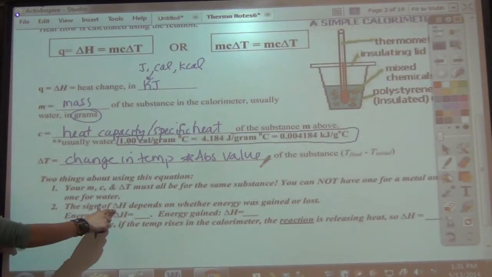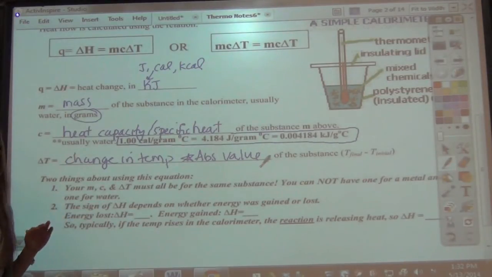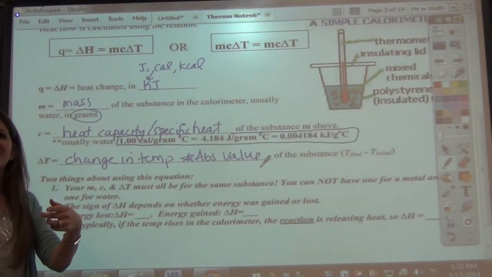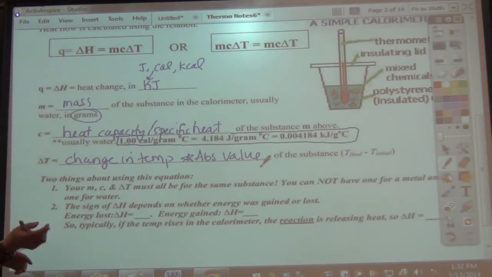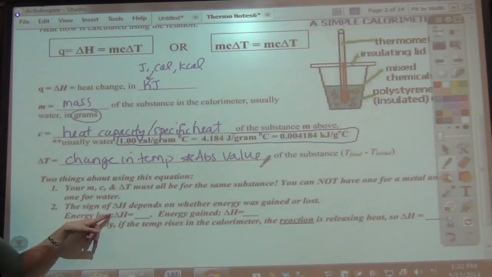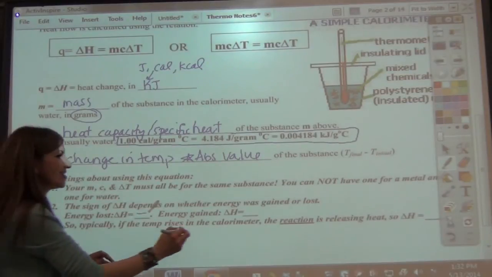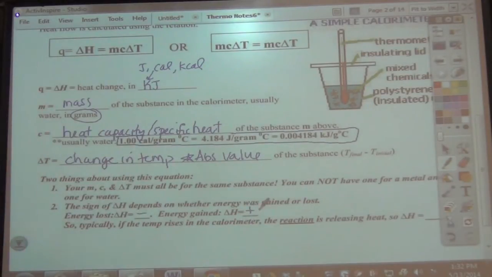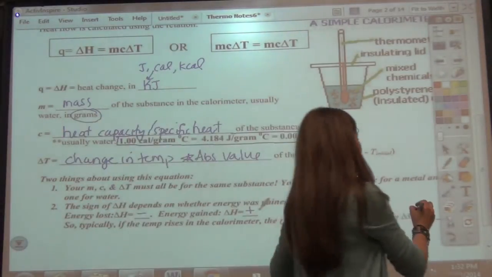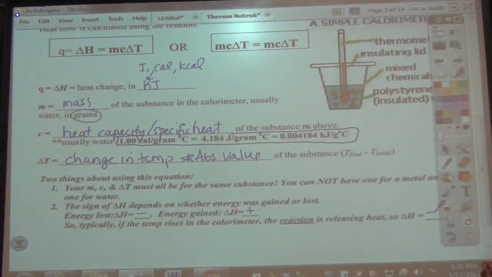Two, the sign of delta H depends on whether energy was gained or lost, and you're going to assign the sign, if necessary, yourself. If energy is lost, who remembers delta H is? Negative. If energy is gained, delta H is? Positive. Awesome. So typically, if your temperature goes up, then the reaction is releasing heat. So in that case, it would be negative. If it gives off energy, then it's releasing or losing, then it's negative.